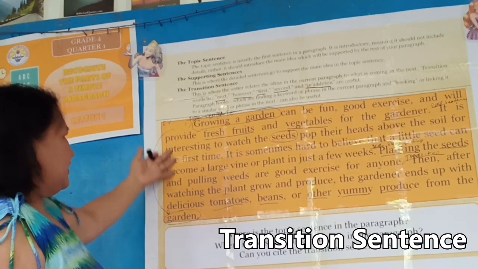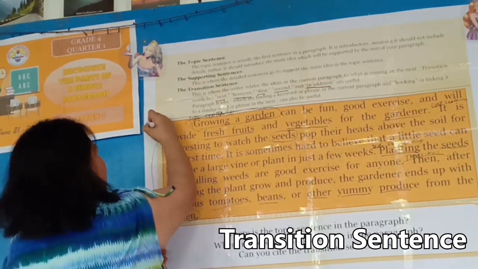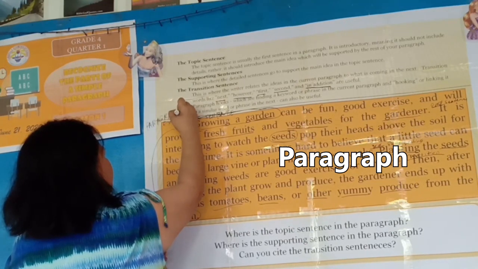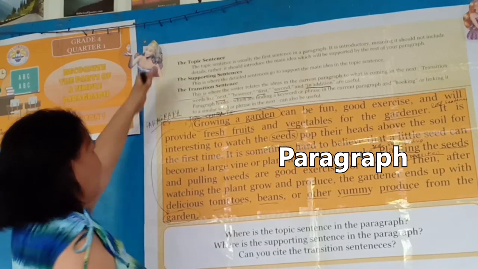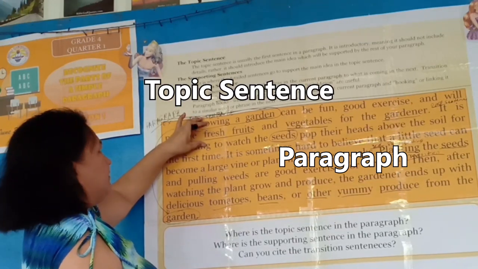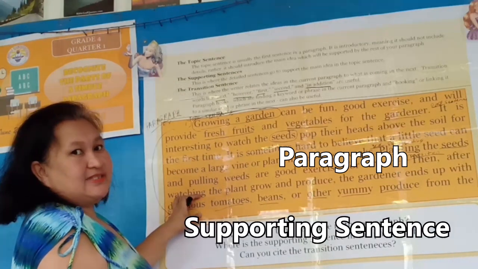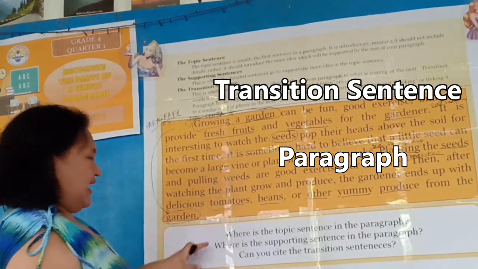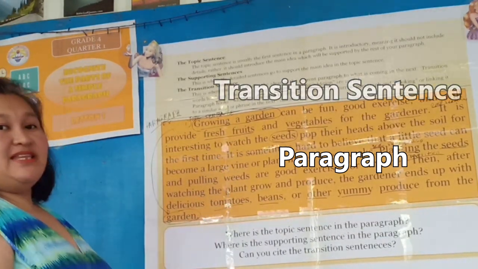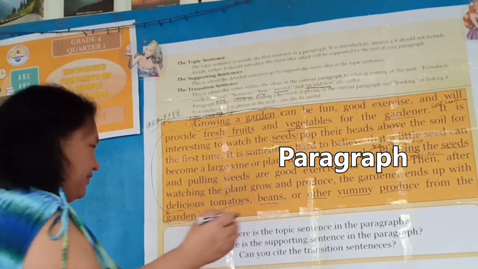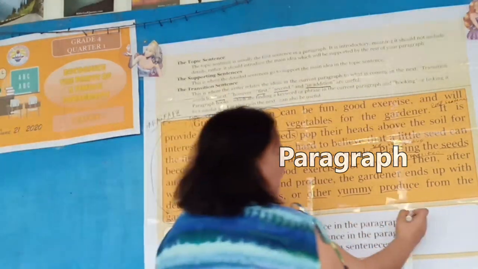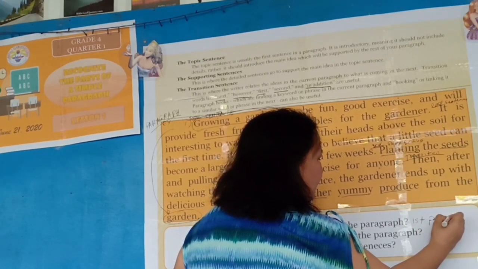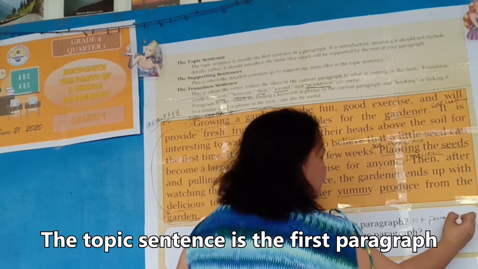So this is a good example of a paragraph. This paragraph has its topic sentence, the first one, the supporting sentences, the second and third, and the transition sentence, the last. Now, where is the topic sentence in the paragraph? Let's have a review. The topic sentence is the first sentence. Very good.